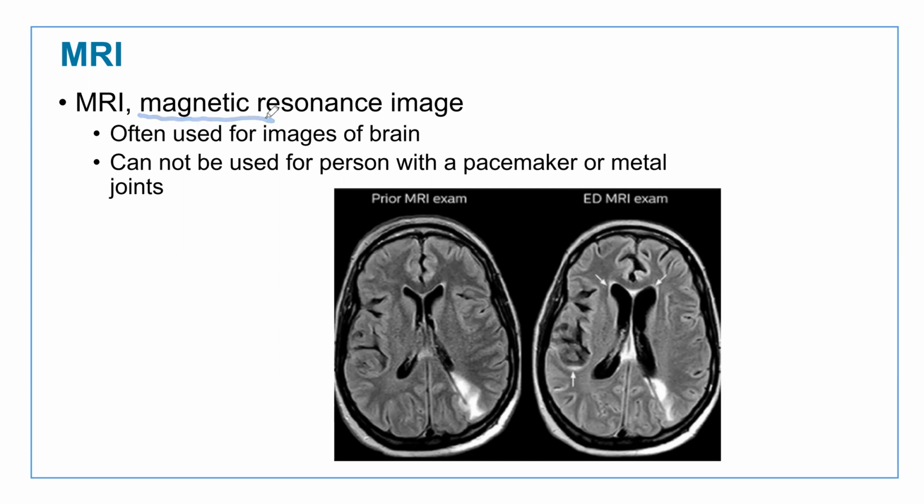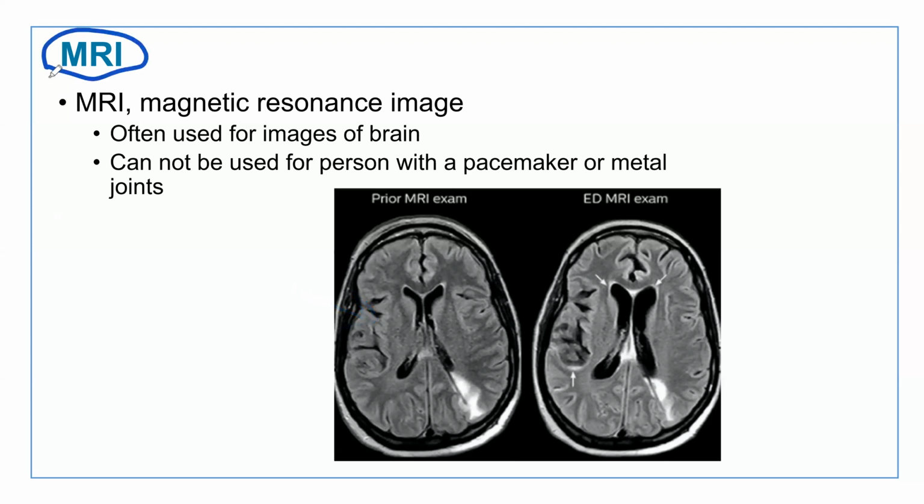It's a very strong magnetic field, and if a person has a pacemaker, it can damage it, so it's not going to work. And of course, a magnetic field attracts metal parts. If somebody has metal parts in the body, MRI cannot be used. But other than that, MRI is a pretty good method. You can use it to see soft tissues.